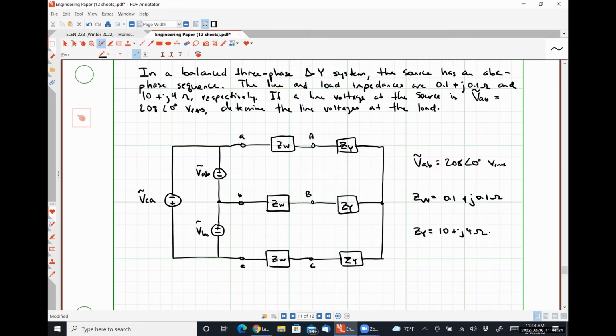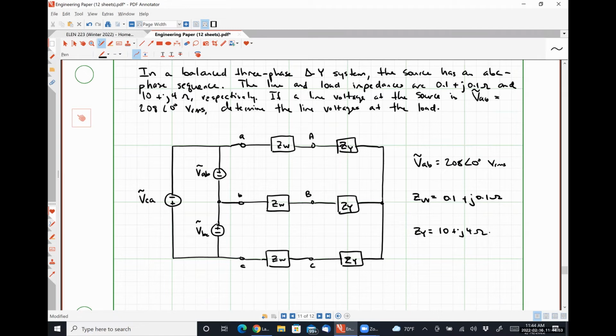So we have a balanced three-phase system, which means for the system to be balanced, all of our ZYA, ZYB, and ZYC components of our load have identical impedances. It also necessitates for the system to be balanced that our transmission line impedances are the same thing across all three phases.